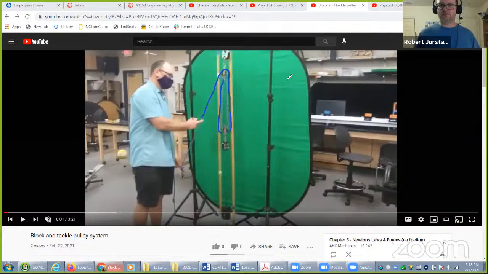Furthermore, there's a support string going upwards that connects it to the ceiling. All right. Now on this lower pulley, what do we have? On the lower pulley, we've got a string going up on one side, a string going up on the other side, and then we can hang a mass off of it.